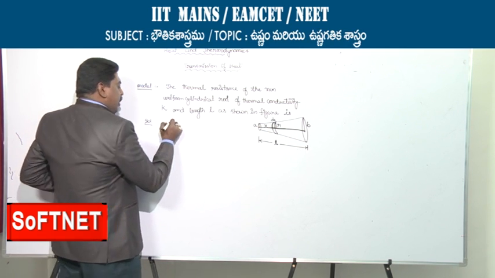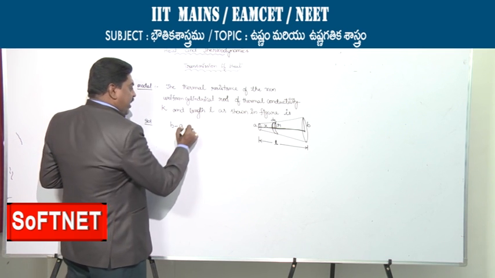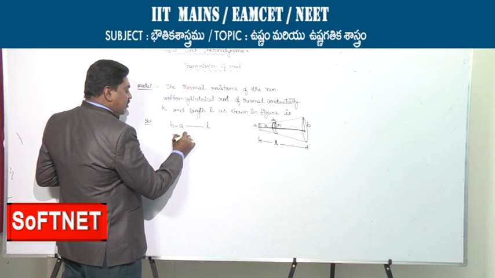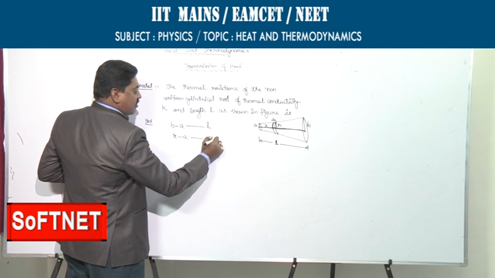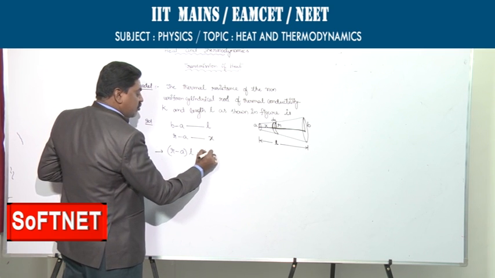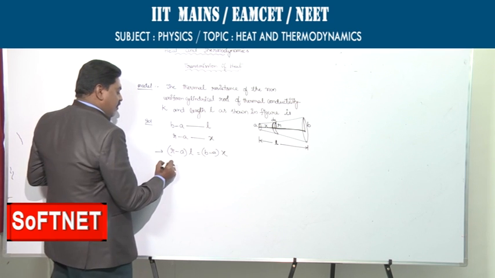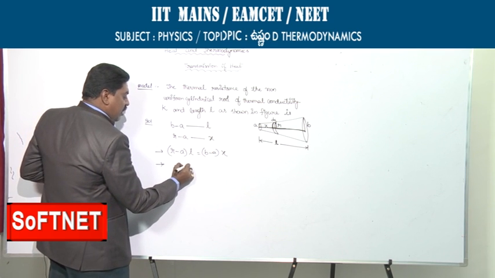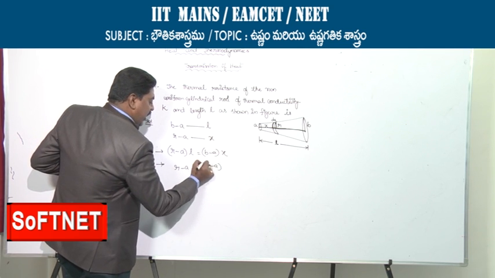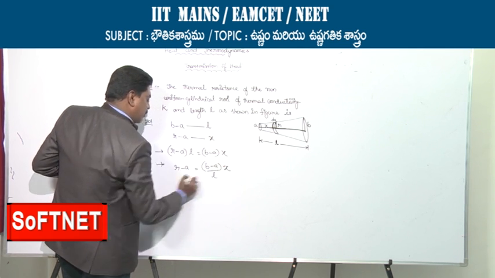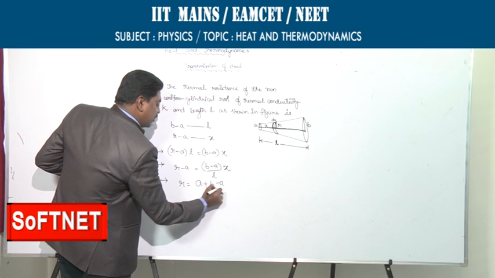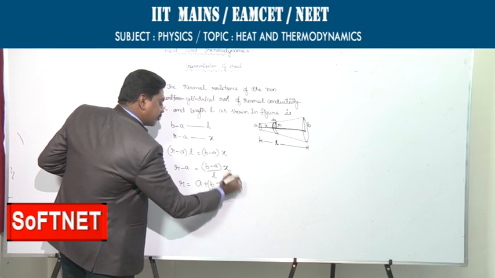Accordingly, b minus a is the change in radius for length L, then r minus a is the change for length x. So (r minus a) into L equals (b minus a) into x, from which r minus a equals (b minus a) by L into x. Then r is given as a plus (b minus a) by L into x.